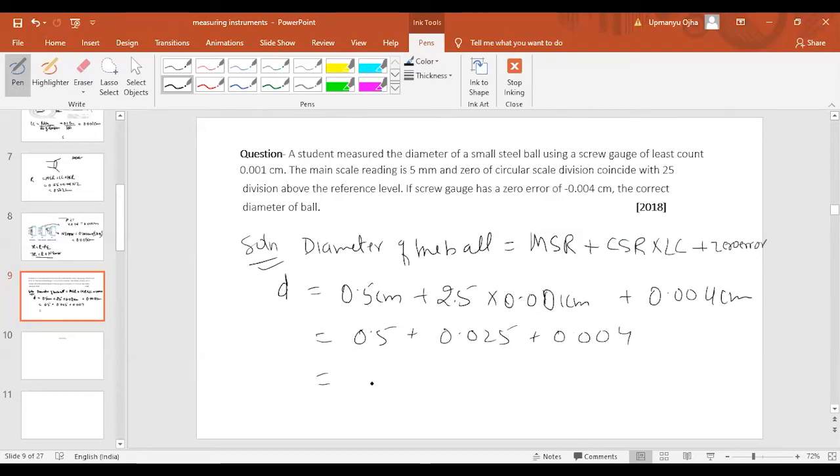What is the answer we are getting? 0.529 centimeter, the diameter of the ball. In this way we can find the reading using a screw gauge. That is the problem which was asked in the NEET exam, so you can understand how to find the values.